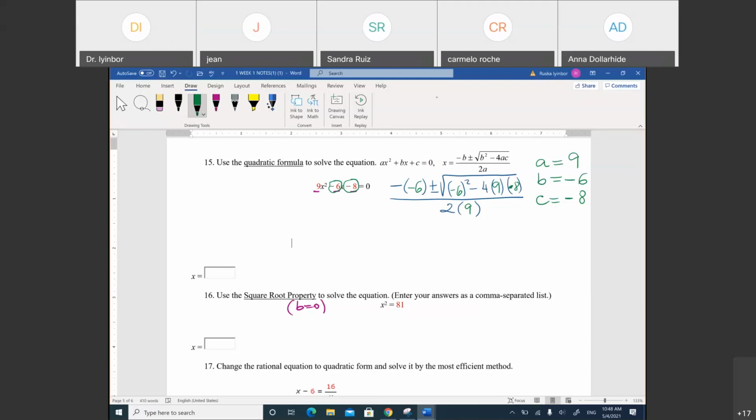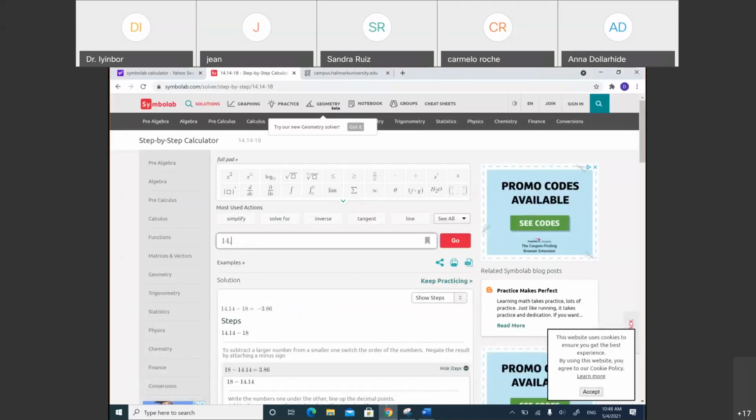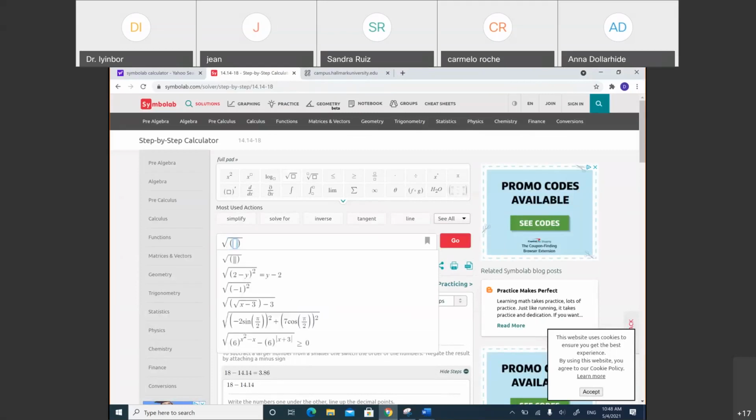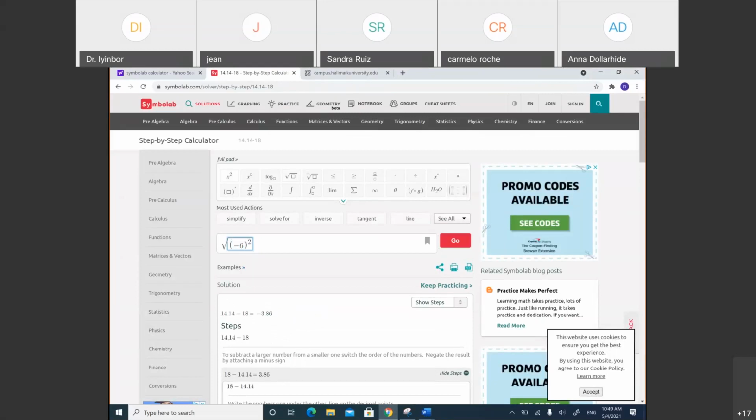You can do square root in the calculator. So do the square root first. I can just put it in the calculator: -6 squared minus 4 times 9 times -8. You can do it in your head actually.